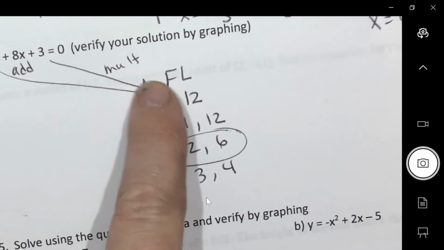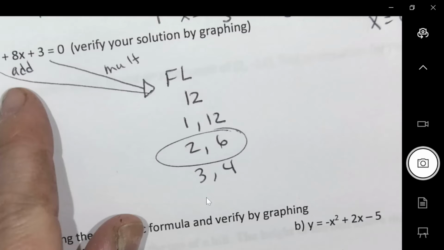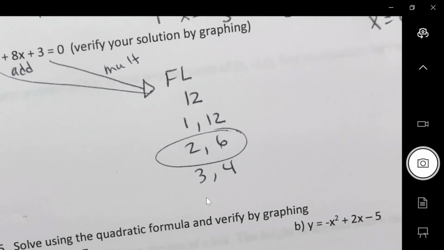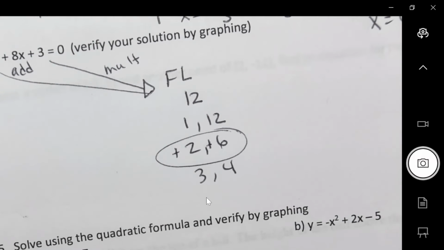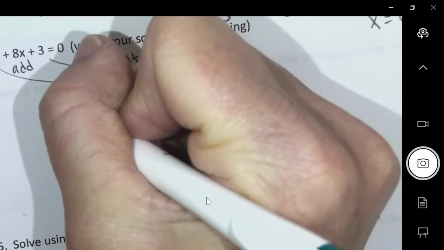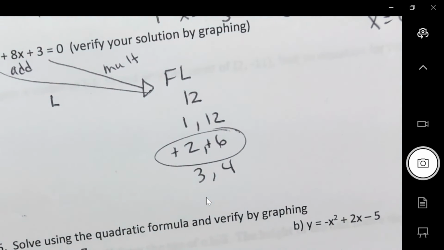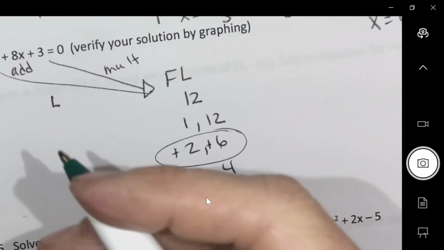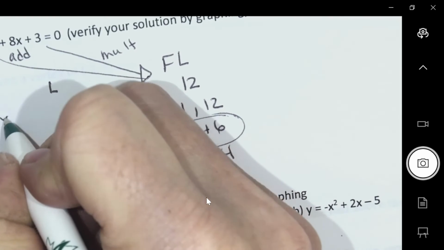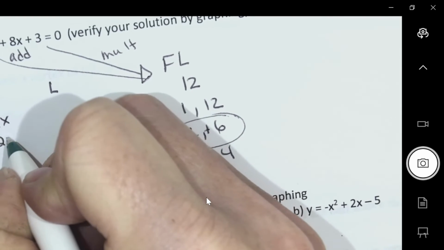Okay, so I'm looking to multiply to the first times last and add to the 8. Both of them are going to be positive as well, right? To get positive 8, to get positive 12. So how did I create the first? The options are x and 4x, or 2x and 2x.